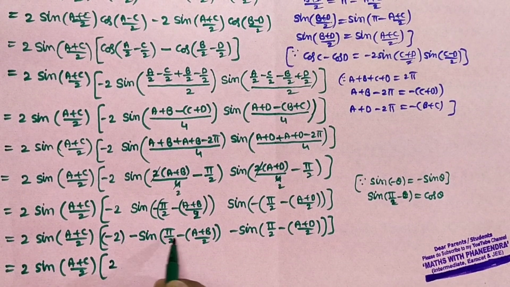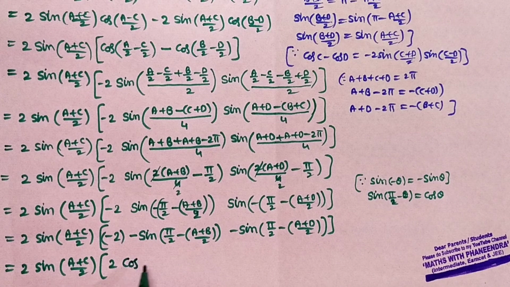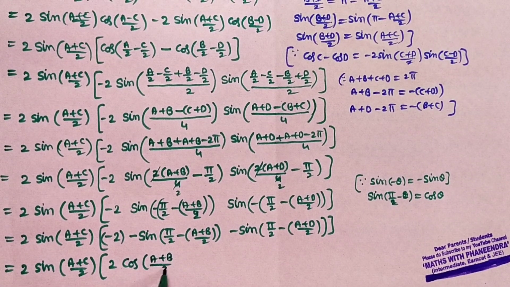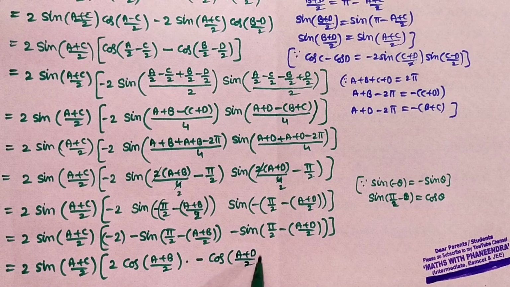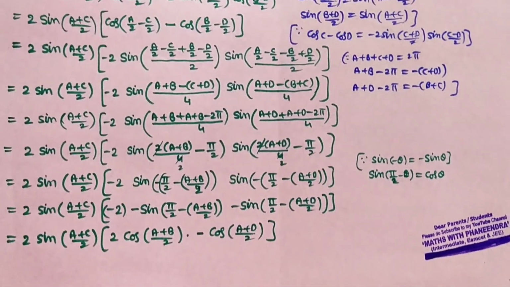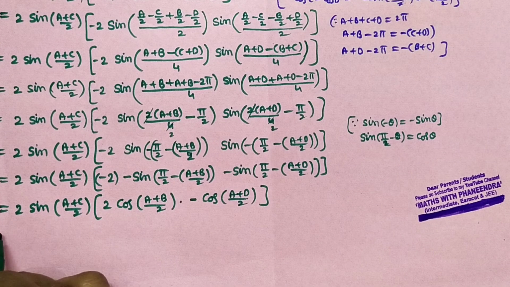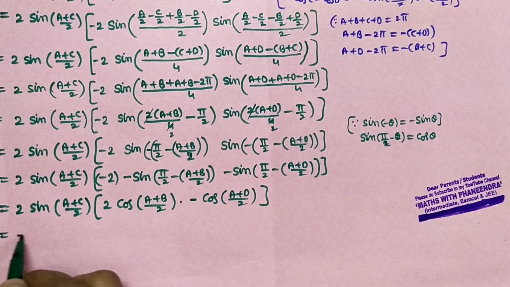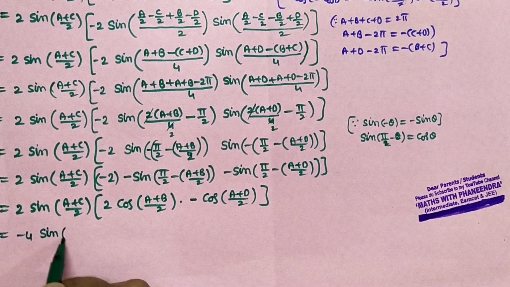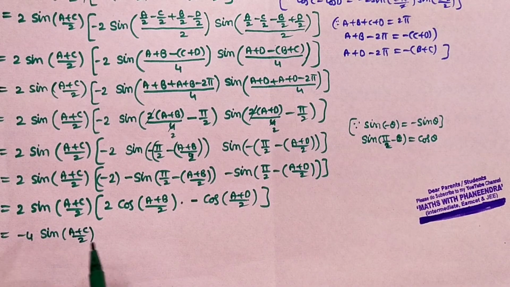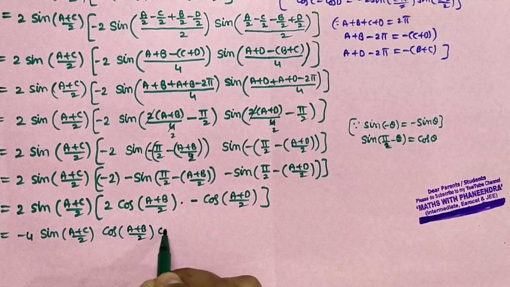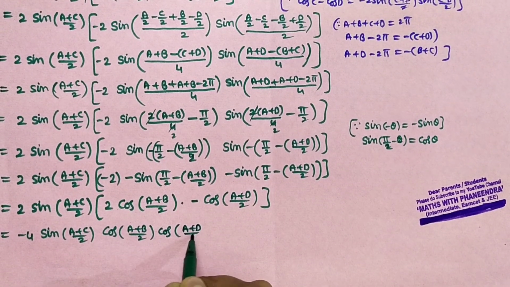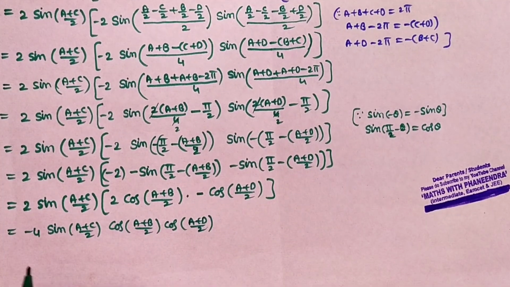So 2 into sine of pi by 2 minus theta, cos of (a plus b)/2 into minus sine of pi by 2 minus theta is cos of (a plus d)/2. So last step, which is equal to 2 into 2, 4 into minus 4 sine of (a plus c)/2 into cos of (a plus b)/2 into cos of (a plus d)/2, which is the required RHS.